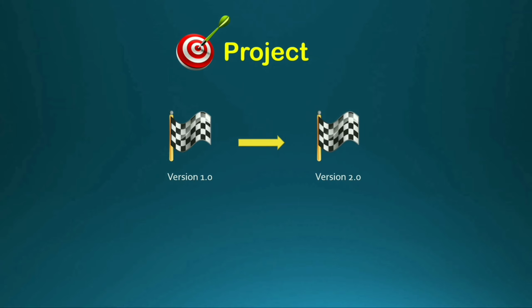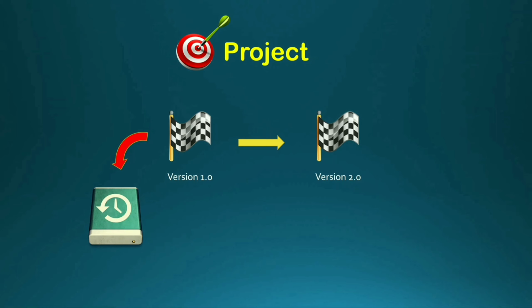Let's say you are working on a project. In the first version, you have certain features. In the next version, you are adding a few more features. If the new features are not good, what will you do? One way is to take a backup of version 1 and add the features. If it turns out to be not good, then you can simply discard the newer version and get back to the older version.